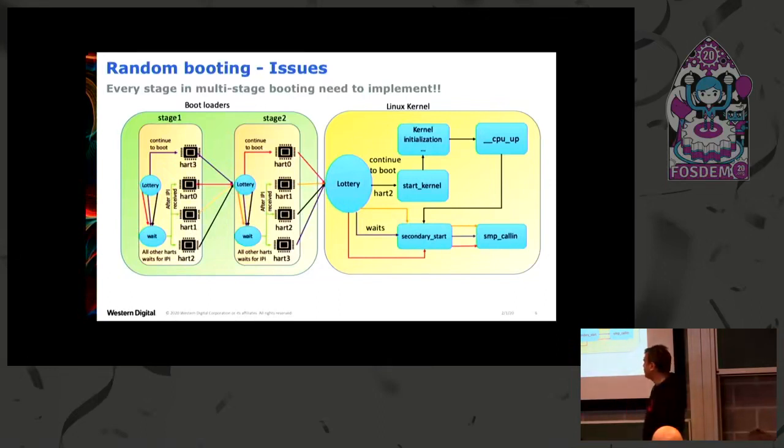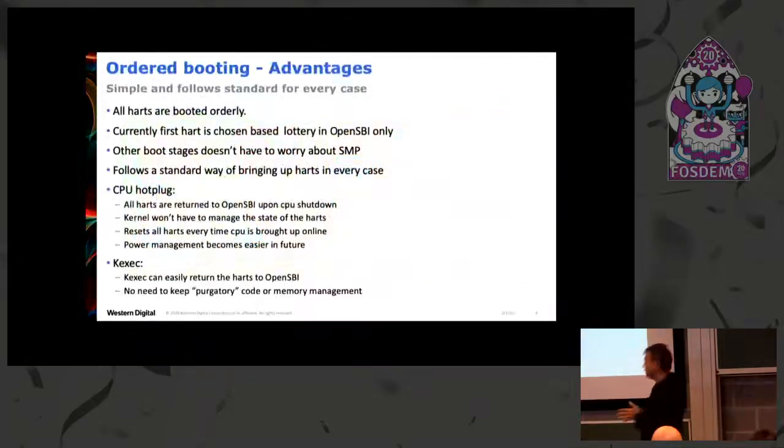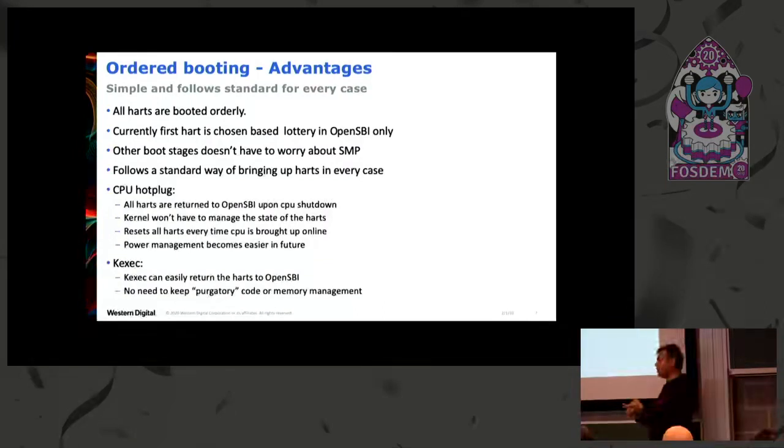So the alternate approach to how the hart boots is ordered booting. Most of the other ISAs and architectures have already implemented this. This is the standard way of booting, where one hart goes all the way to Linux, and then it brings up all the other harts one by one, which simplifies CPU hot plug and kexec, because in CPU hot plug, kexec, or normal booting, all of them use not a similar but exactly the same code path.